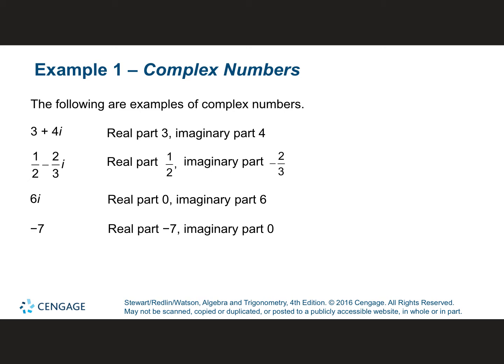The -2/3 that's in front of the i is your imaginary part. Then with 6i, there is no real part, so the real part is 0. Your imaginary part would be the 6 because it's attached to that i. Then with -7, the real part is -7. Your imaginary part would be 0 since there's no i within that expression.